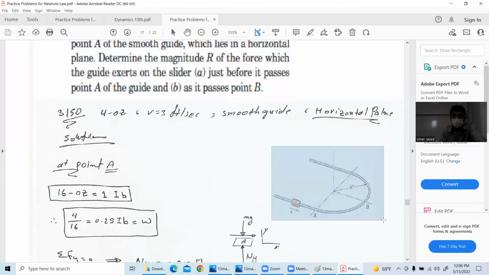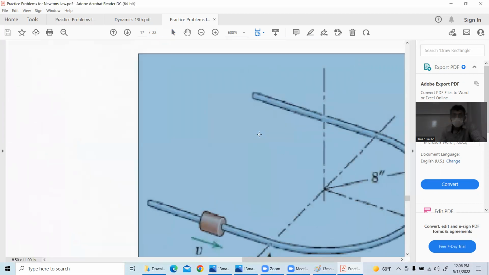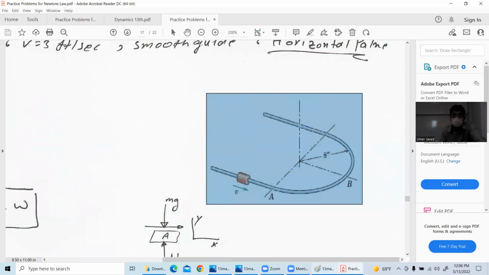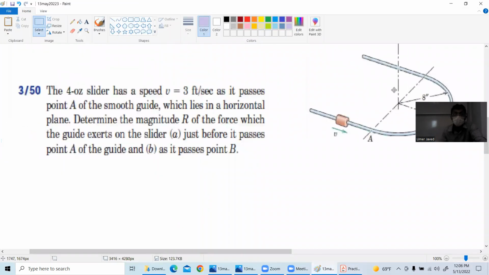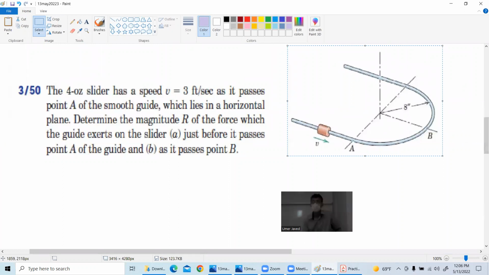What is OZ? Ounce. OZ, 4 ounce. Convert ounce to pound mass using something like Google.